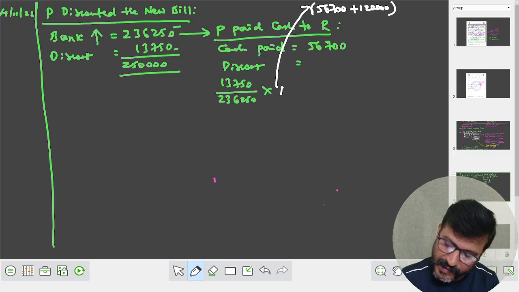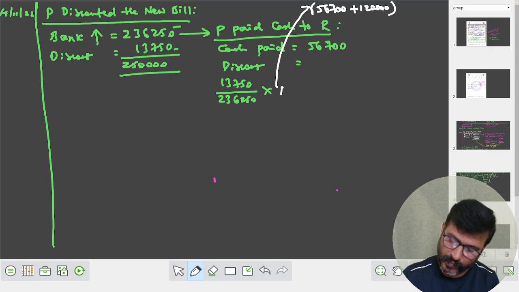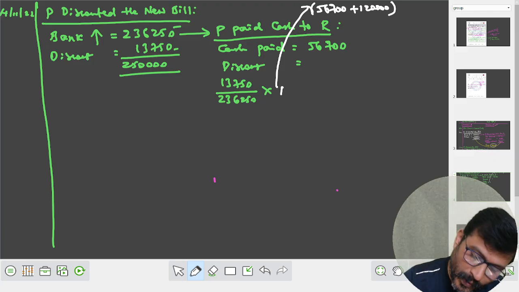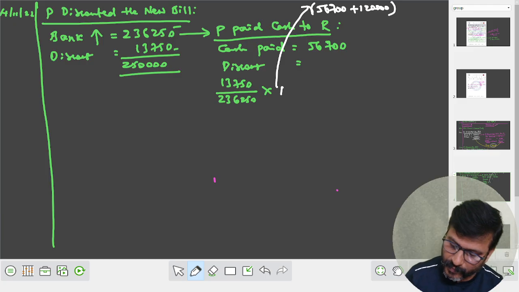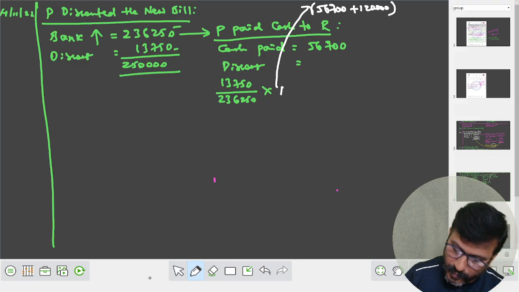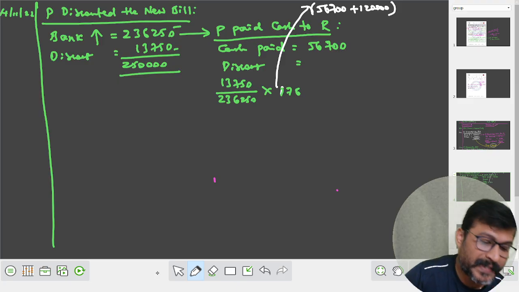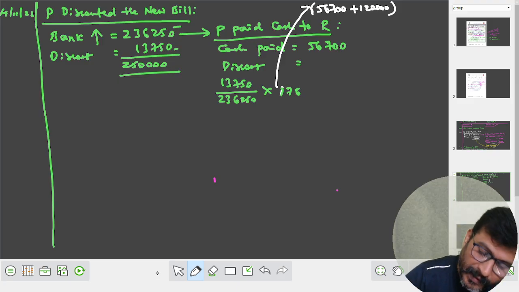Wait for a few seconds. One lakh, one lakh 76,700. Use a calculator and work out.